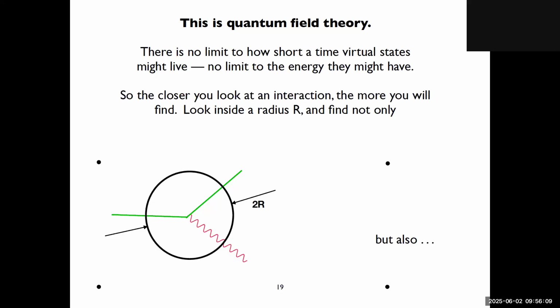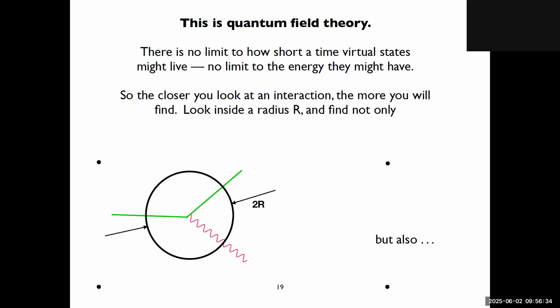Now, here's where this locality concept, this idea that at a point in Einstein's work comes in to this description of nature. There's no limit to how short a time virtual states might live, and therefore no limit to the energy that they might have.